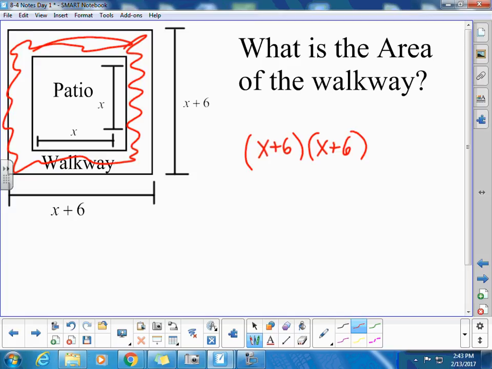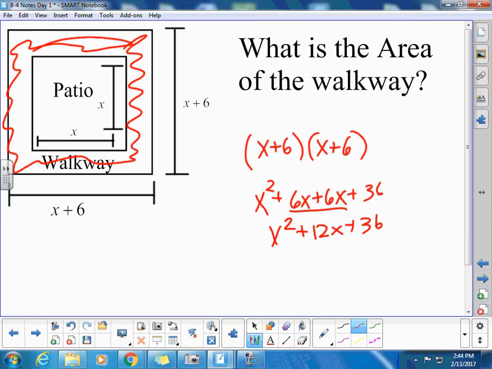So let's find that first. So we FOIL this out, we get, do it along with me or before me, x squared plus 6x plus another 6x plus 36, which is x squared plus 12x if I combine my like terms, plus 36. So that would be the whole thing if it was all shaded in, but I have to subtract the patio.